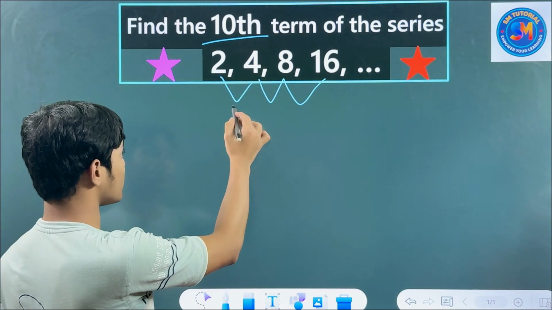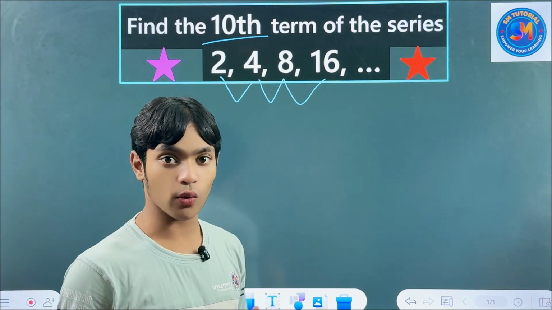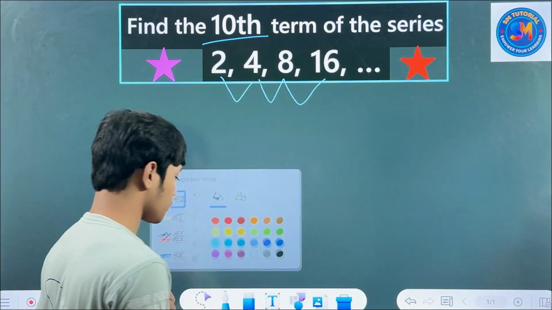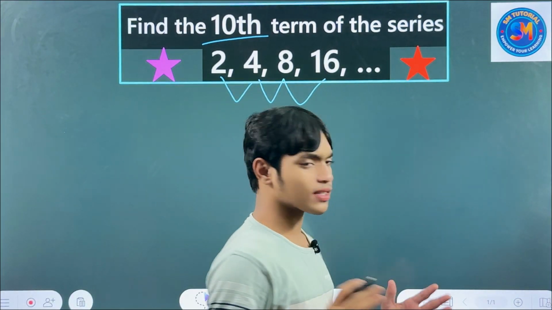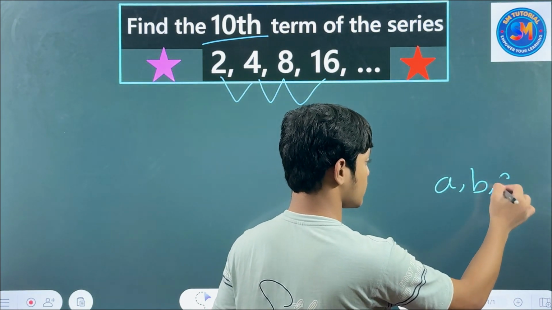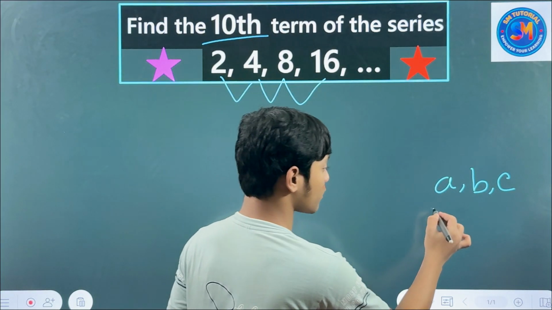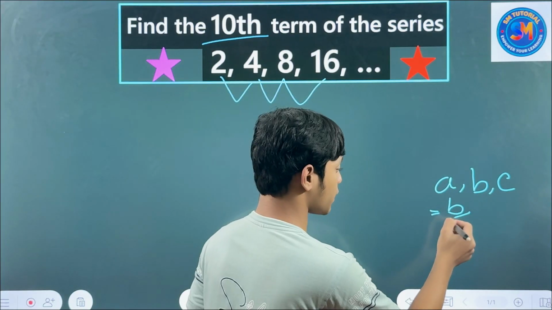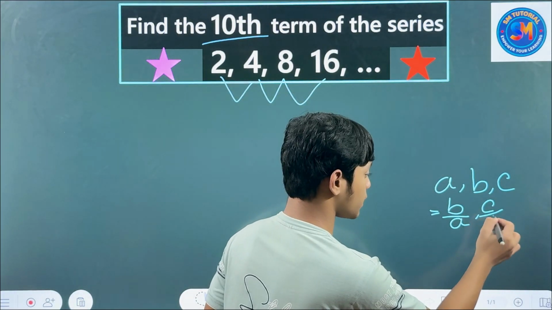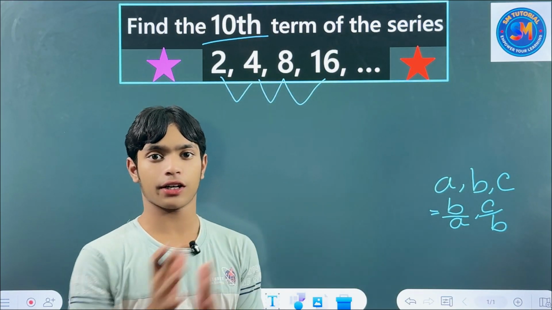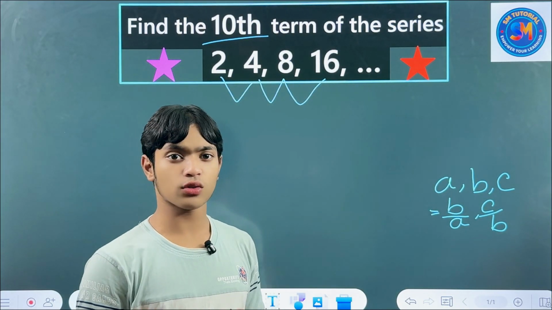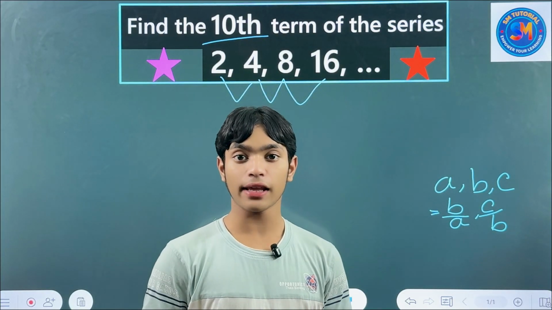How do we find the ratio? To find a ratio, you have to divide. If you have a series like A, B, C, the ratio will be B divided by A, and then C divided by B. Don't write A divided by B, because that will be a non-integer and there will be many problems; it will even be wrong.